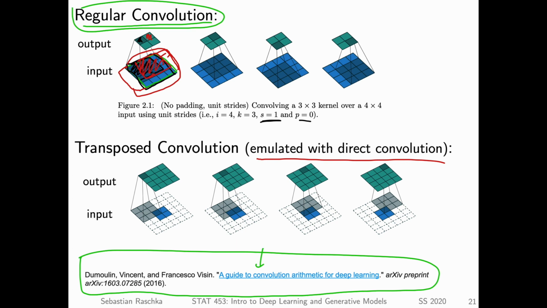Here, the transposed convolution would be going from a small input back to the original size, the output size. In order to achieve that, you can add zeros, so you can pad the input like this, and then apply this normal convolution to get this output here. That would be a trick that we can use to implement the transposed convolution.